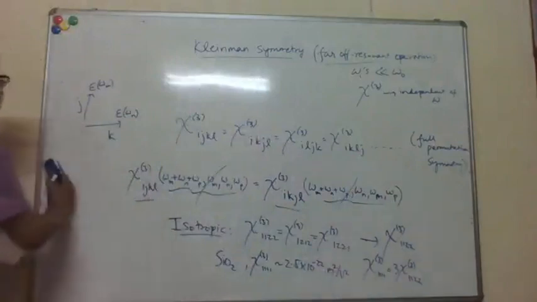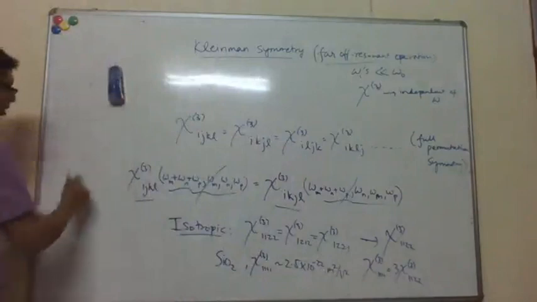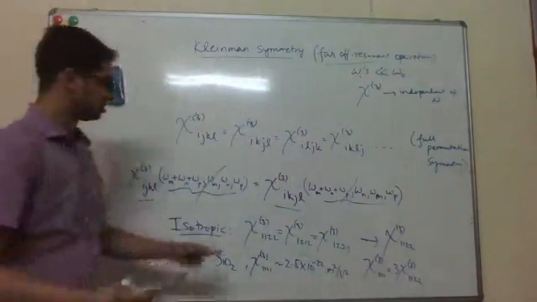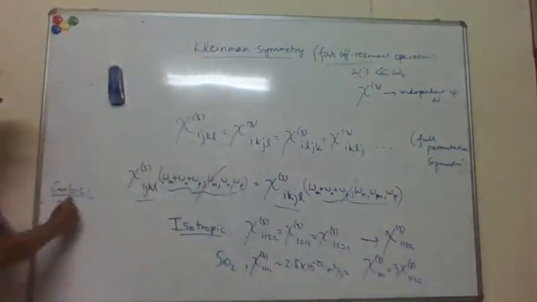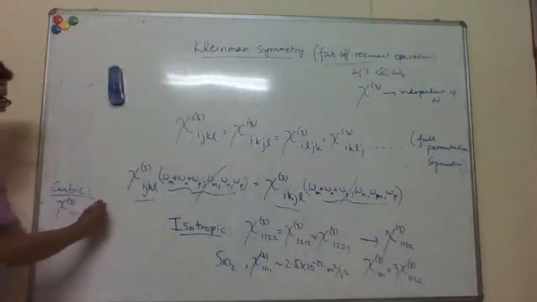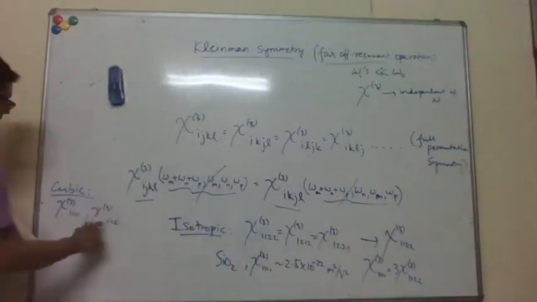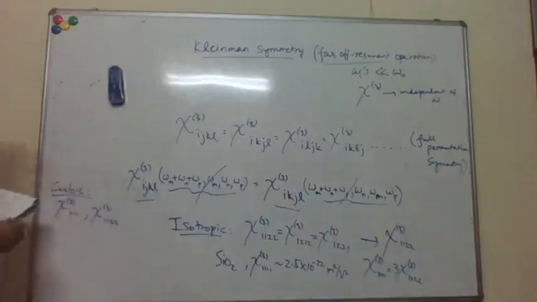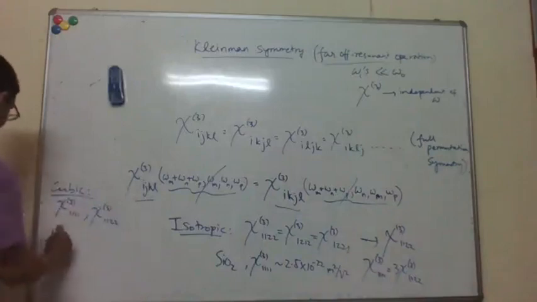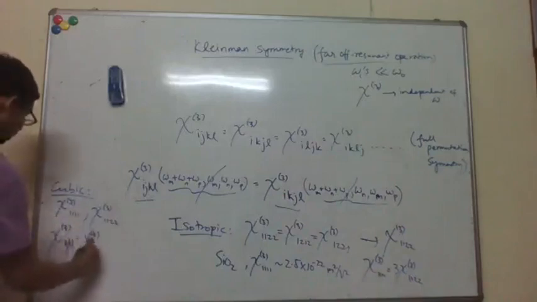Okay, and now for cubic crystals, again you can see that now instead of 4 I need only 2 because these 3 become equal. So I need only one of the diagonal ones and one of the ones with these 2 of them equal. Right, and then I can write any tensor element like this.